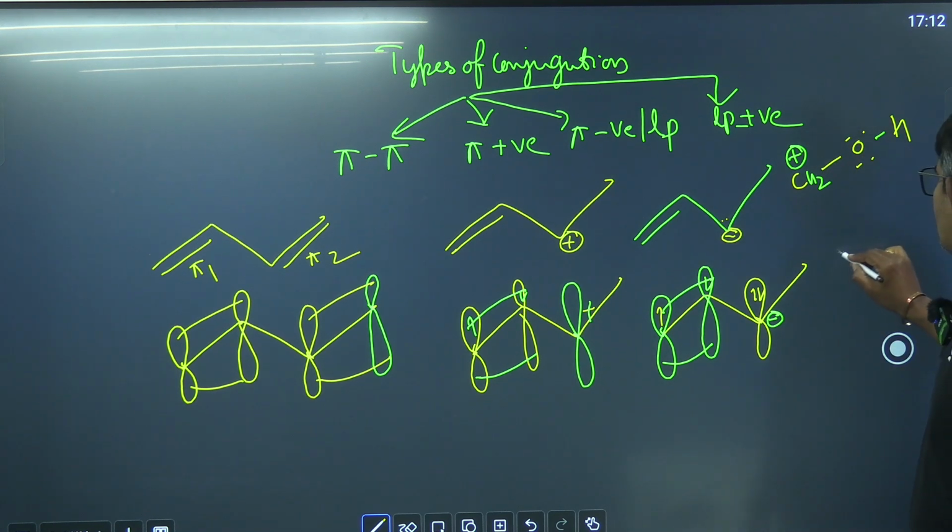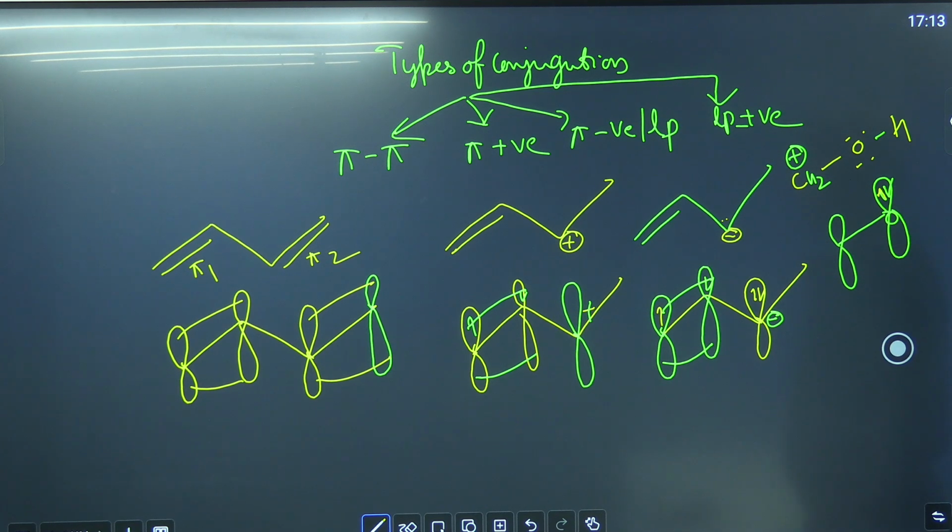So here with the oxygen atom, where you have two lone pairs, one of the lone pairs must be present in a pure p orbital, and there is an empty orbital here. This empty orbital will have a positive charge. The carbon will have a positive charge. So that is lone pair positive conjugation.